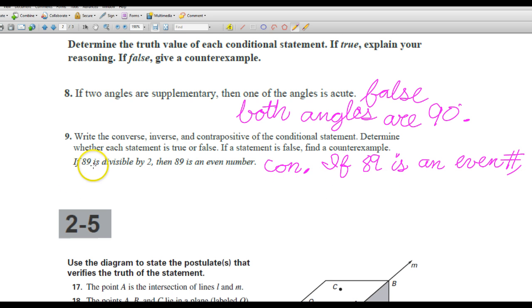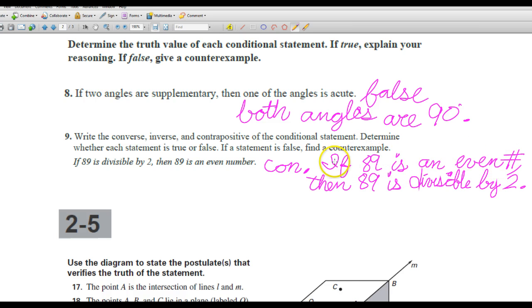then 89 is divisible by 2. Then we want to determine the truth value of this statement if 89 is an even number.